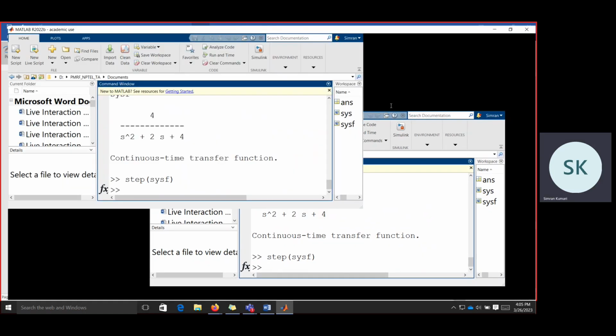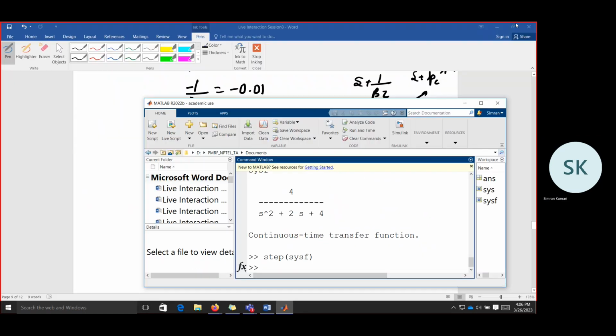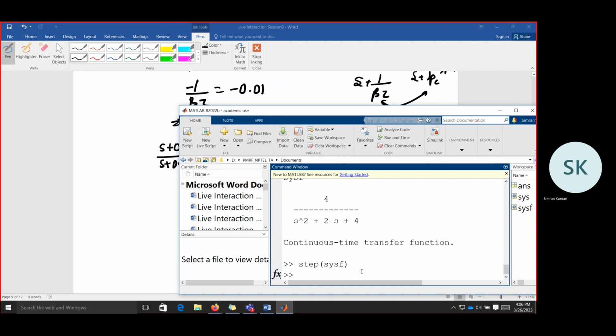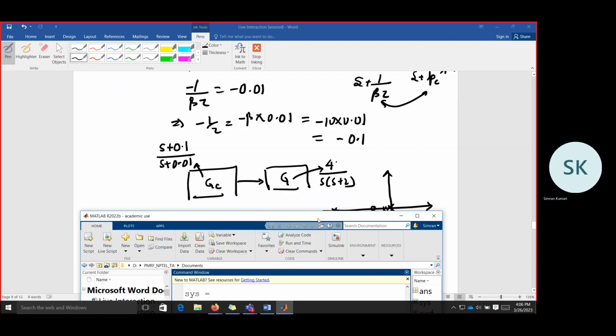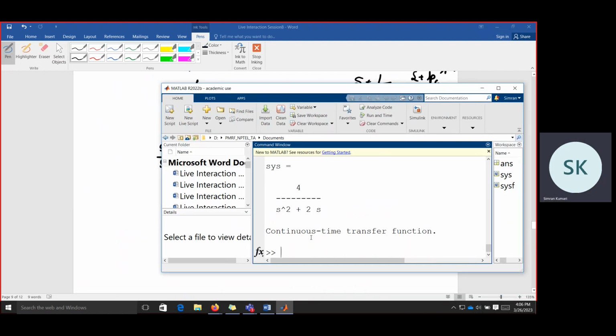We have this system. This was this. So we'll just say G equal to 4 into G because this is the overall plant, and we have a compensator GC which is equal to the transfer function 1, 0.1, and we have 1, 0.01.